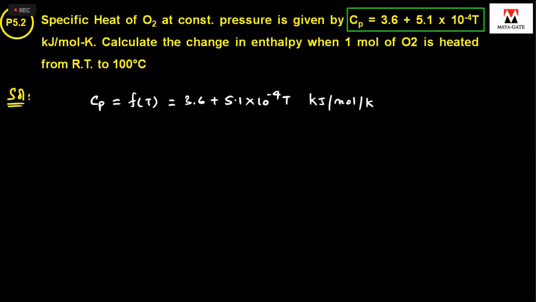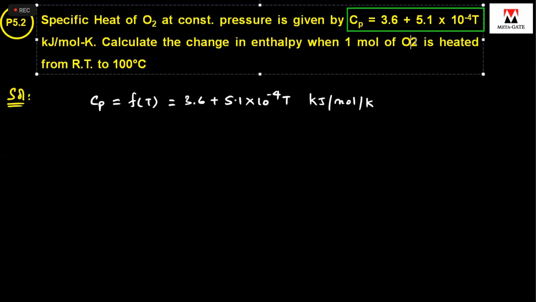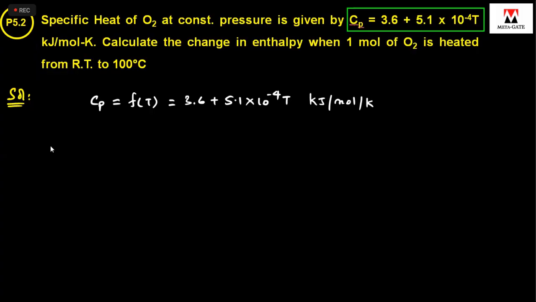Okay. Now he says that when 1 mole of oxygen is heated from room temperature to 100 degrees centigrade, what is the change in the value of enthalpy? So this is 298 to 373. 1 mole is there, integral of 3.6 plus 5.1 into 10 power minus 4 T dT.